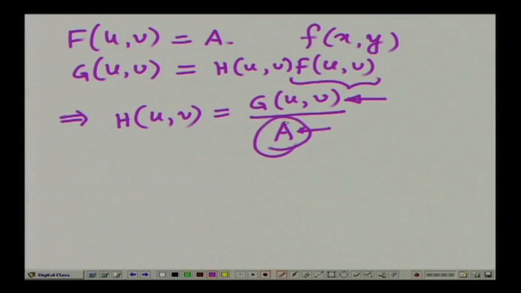We assume that the Fourier transform of the impulse is a constant A. We obtain the Fourier transform of the response, G(u,v), and G(u,v) divided by A should be equal to the degradation function H(u,v) of this particular imaging setup. So, I get the degradation function, and we assume that this same degradation function is also valid for the actual imaging system.